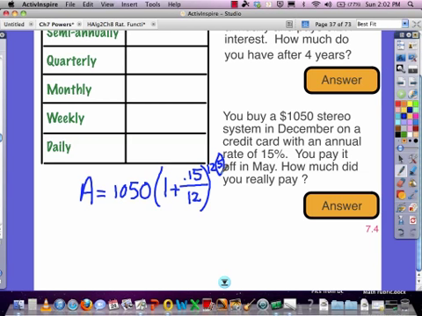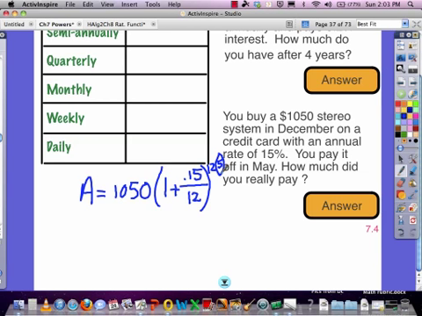So do the calculation. With your 1050, 1 plus 0.15, I'm doing it on the calculator. Could have done it up on the board there, I forgot. 1050 times 1 plus 0.15 divided by the 12, close your parenthesis, and raise it to the power of, if you don't multiply that out first, you are going to have to put the 12 times 5 in parentheses on your calculator.